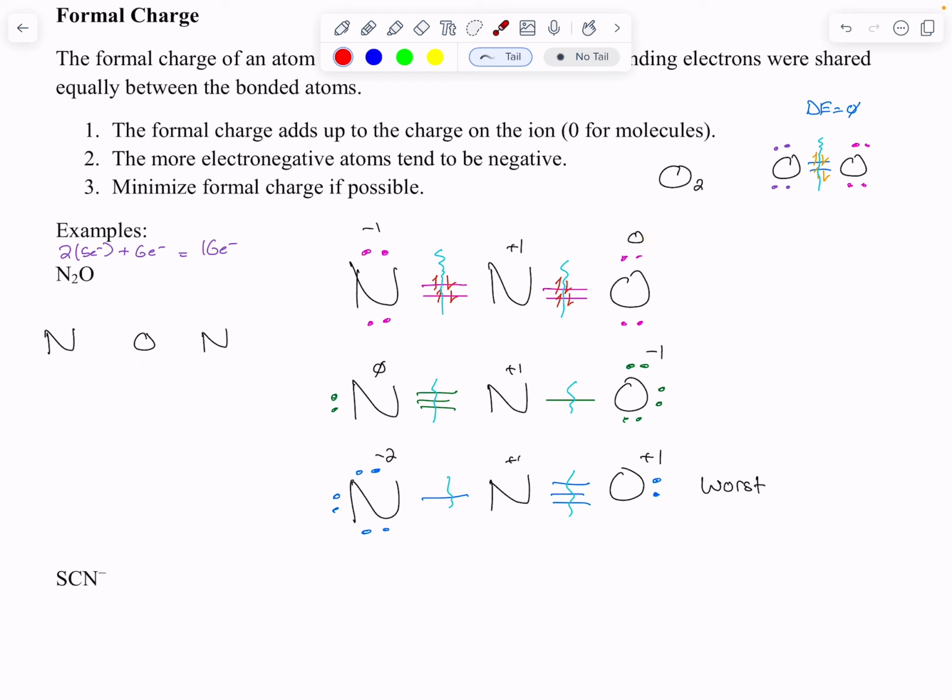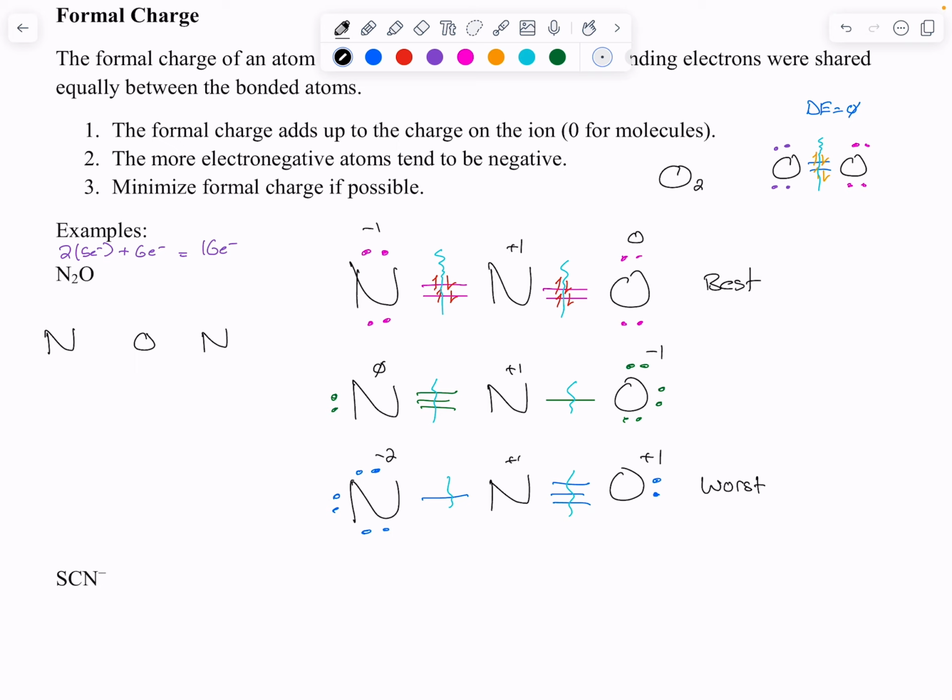So the next question is, which one is better? Oxygen being 0 or nitrogen being 0? Well, the more electronegative atoms tend to be negative. So who's more electronegative, N or O? Turns out it's O. So this becomes the best structure.